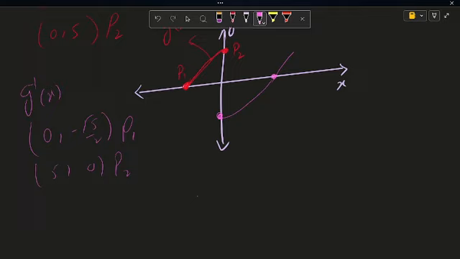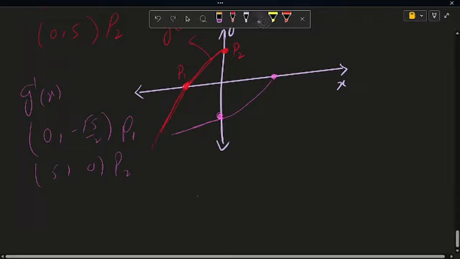Now I will extend this graph in order to consider the point of intersection. So this graph would be extended up to this point, and this graph would be extended up to this point, like that.